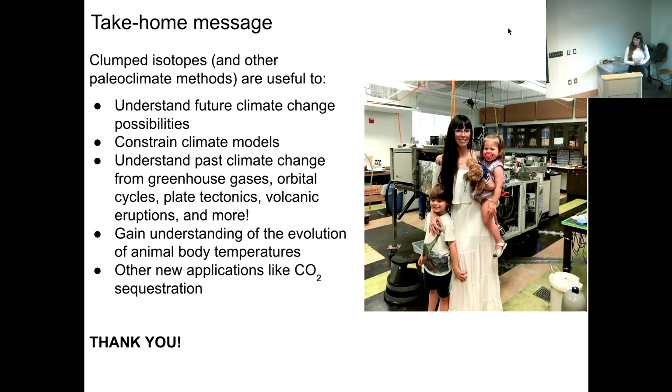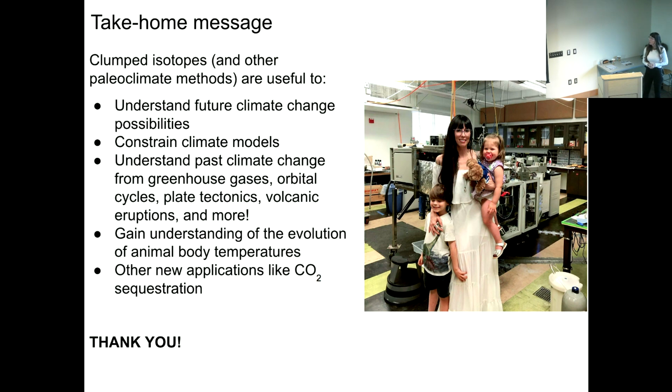So my take-home message for you that I hope that you get from my talk this evening is that clumped isotopes and other paleoclimate methods are very useful, and they can help us understand climate change that we may see in the future. They can help us inform climate models and make them better and more accurate.